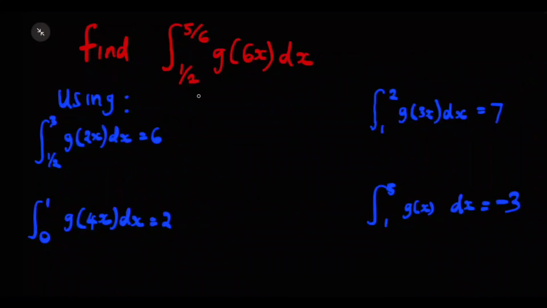So today we'll be looking at how to solve this question. We want to find the integral of the given expression using these expressions. Now if you look carefully at the given expression, we are given g of 6x, but for the expressions that have the information we need to solve this question, we have different functions.